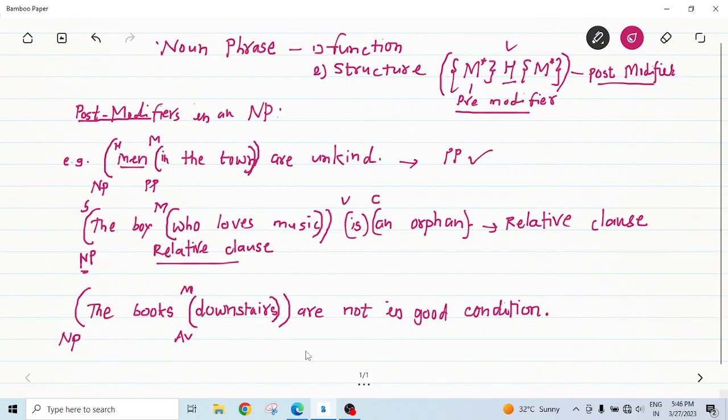Do you see? So what we learn from this example is that even adverbs can come as post modifiers in a noun phrase.